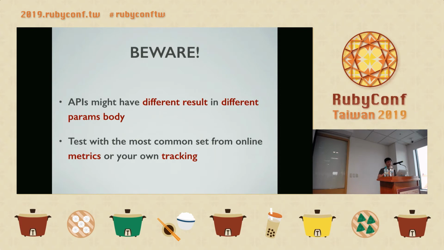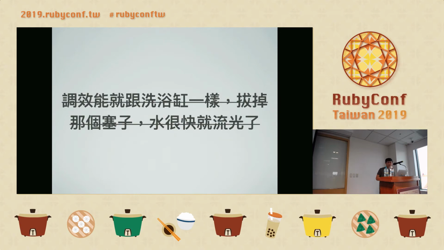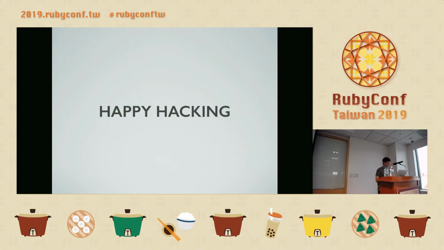I would suggest always taking the most common set of parameters, and also the slowest one according to your metrics, to optimize as your first priority, so you don't miss the slow code that actually needs to be looked at. So I would call it an end from here.